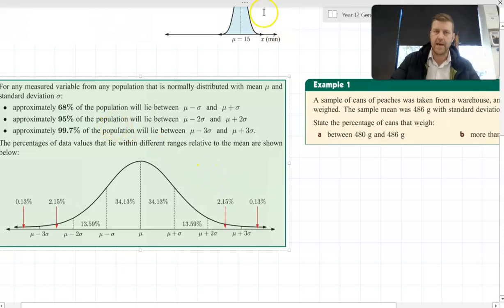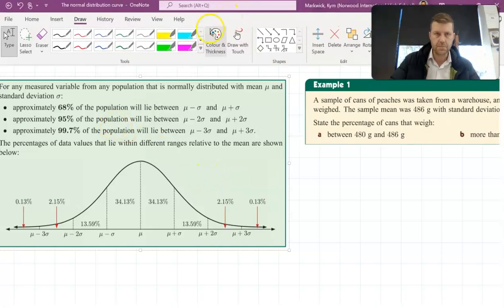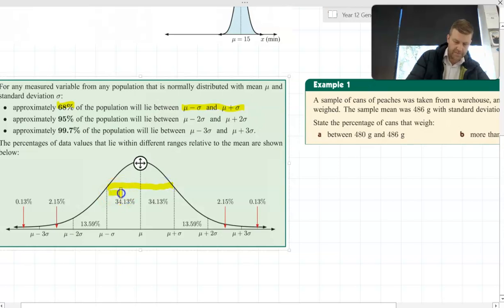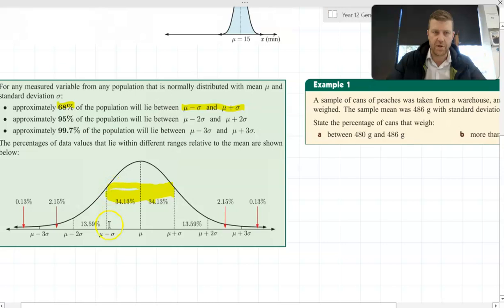So 68% of the data will fall in this range here, in between one standard deviation away from the mean and one standard deviation above the mean.